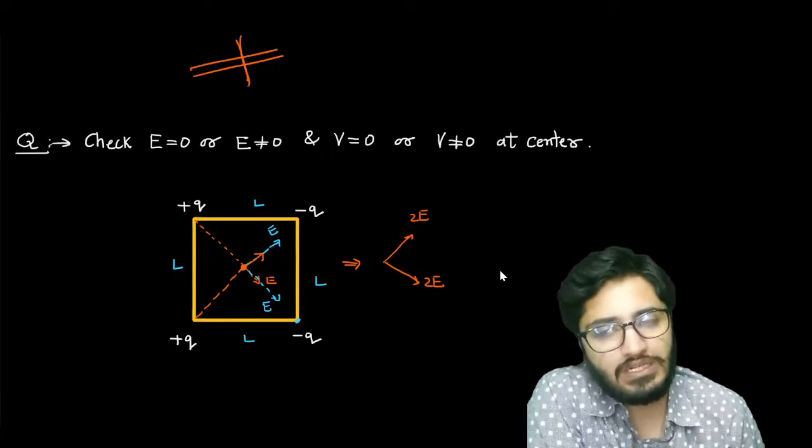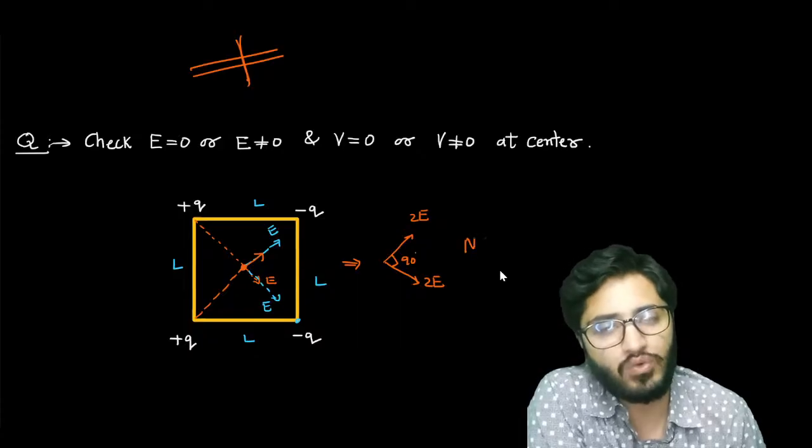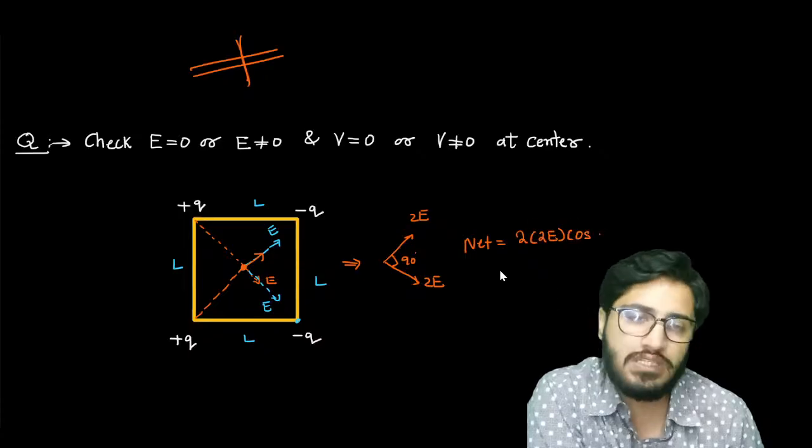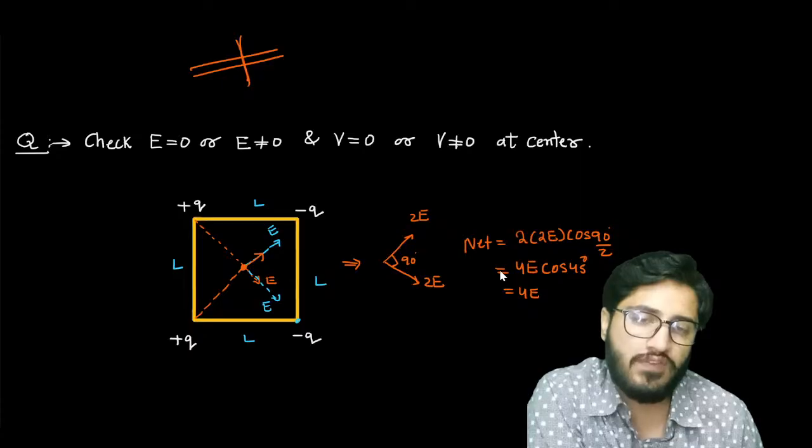The angle between them is 90 degrees. So how to get the net effect? It will be 2E cos(90/2) times 2, that is 4E cos 45 degrees, and cos 45 is 1 by root 2.